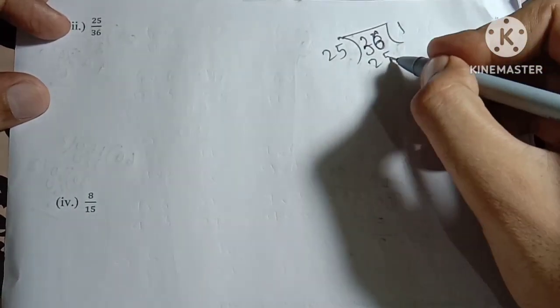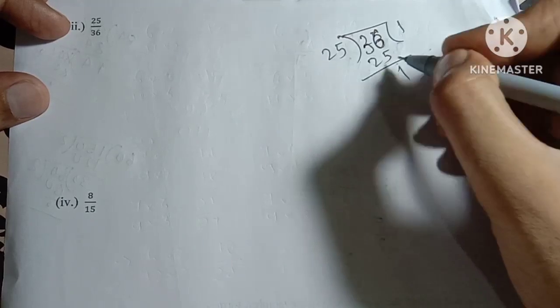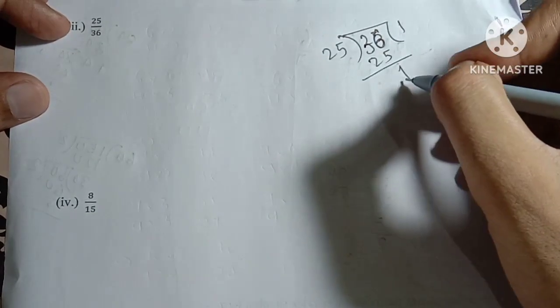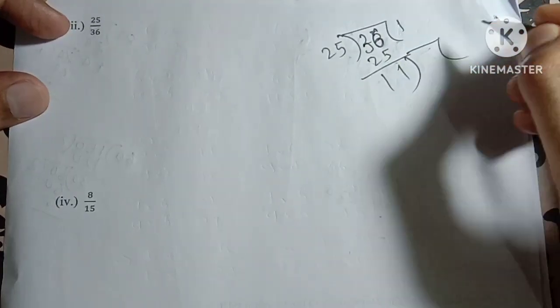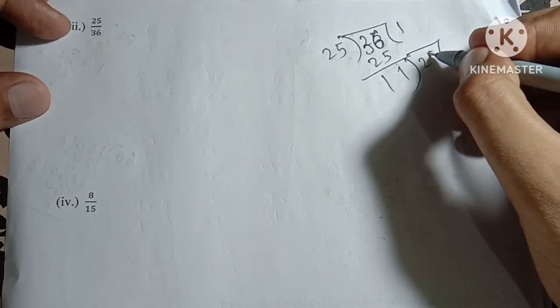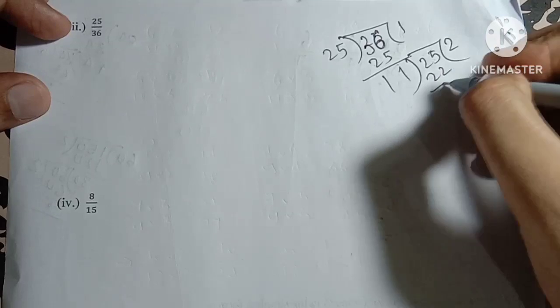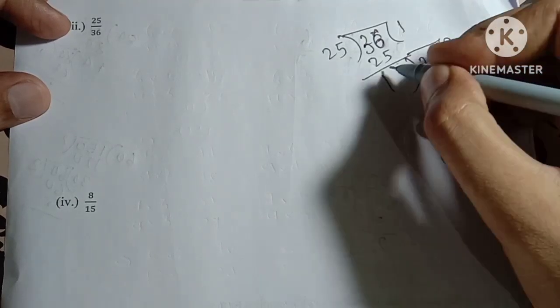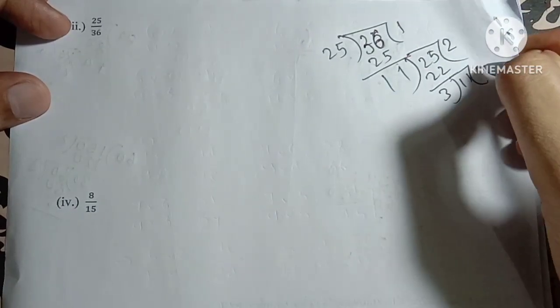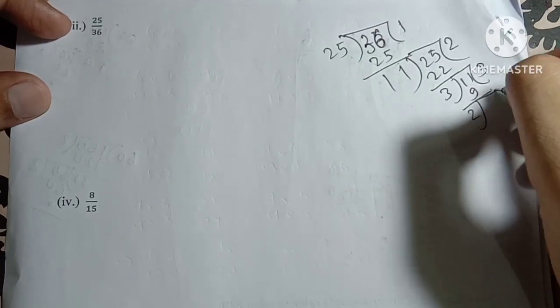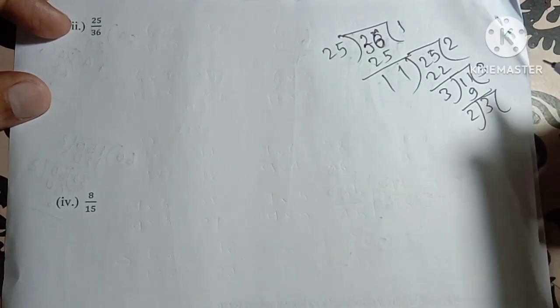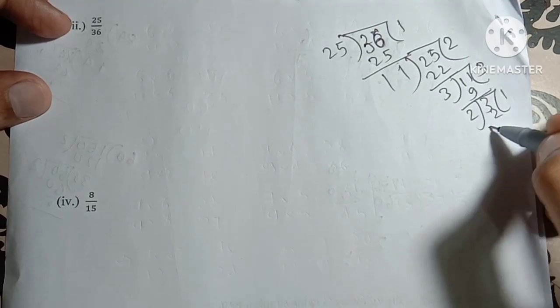So 1 times we will divide, so you will get here 1, here 11. Now this becomes the divisor and 25 becomes the dividend. 2 times you will get 22, you will get 3. Now this becomes the divisor and 11 becomes the dividend. Now 3 times you will get 9, so here you will get 2, again 3 becomes the dividend and 2 becomes the divisor. 1 times you will get 1.